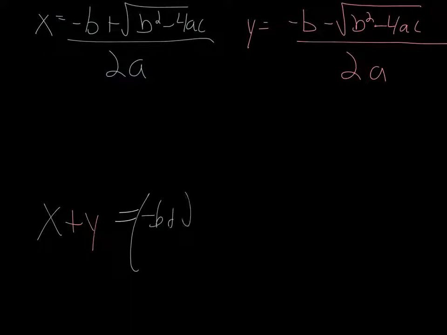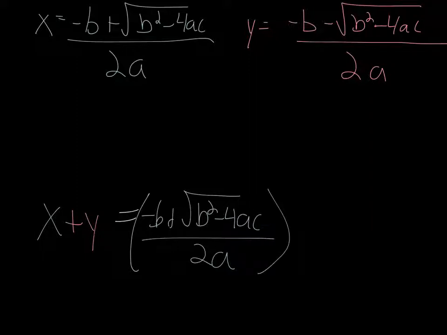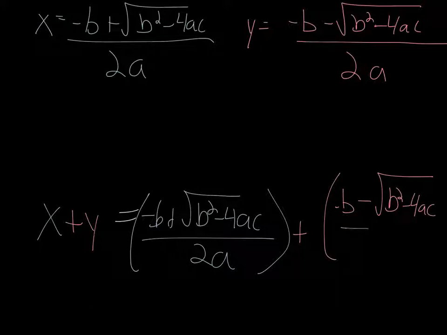negative b plus the square root of b squared minus 4ac over 2a plus negative b minus the square root of b squared minus 4ac all over 2a. Now when I add these together, since they have a like denominator, I'm going to keep that as 2a.